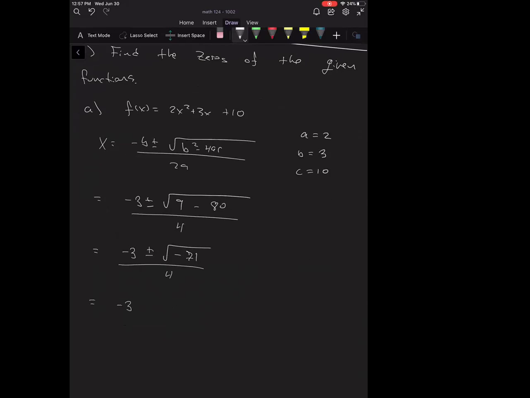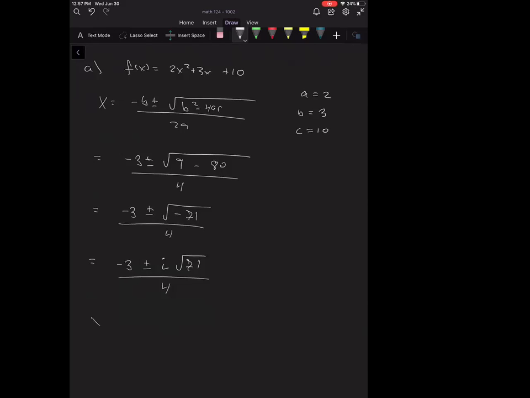So it's going to be minus 3 plus or minus i square root of 71 over 4. So we get two answers. x is going to be minus 3 plus i square root of 71 over 4, and x is going to be minus 3 minus i square root of 71 all over 4.